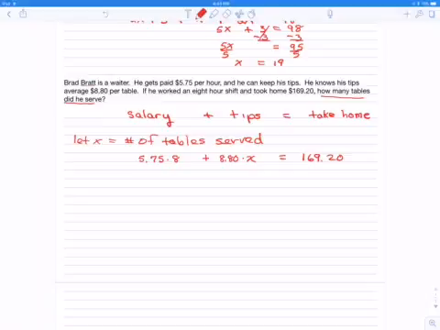So now if we solve that, the $5.75 an hour for 8 hours would give us $46. All right, subtract 46 from both sides.